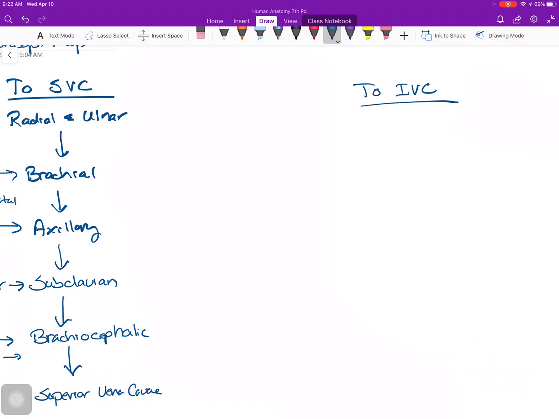So you've got anterior and posterior tibial and fibular veins all go through the popliteal vein, which goes to the femoral, which goes to the external iliac.